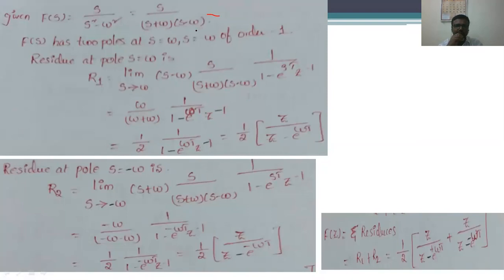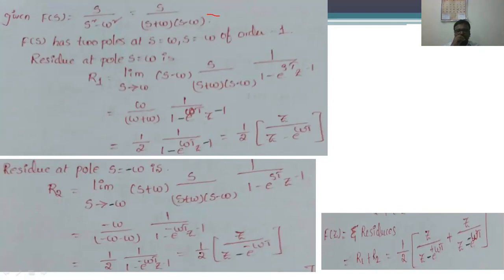That means this one, s is equal to omega. So obtaining the residue value for the pole s is equal to minus omega, in a similar fashion R2 can be obtained as 1 by 2 into z divided by z minus e power minus omega t. Okay, this is a very easy application of the residue method, there is no need to apply the inverse Laplace transform and also the inverse Z transform.